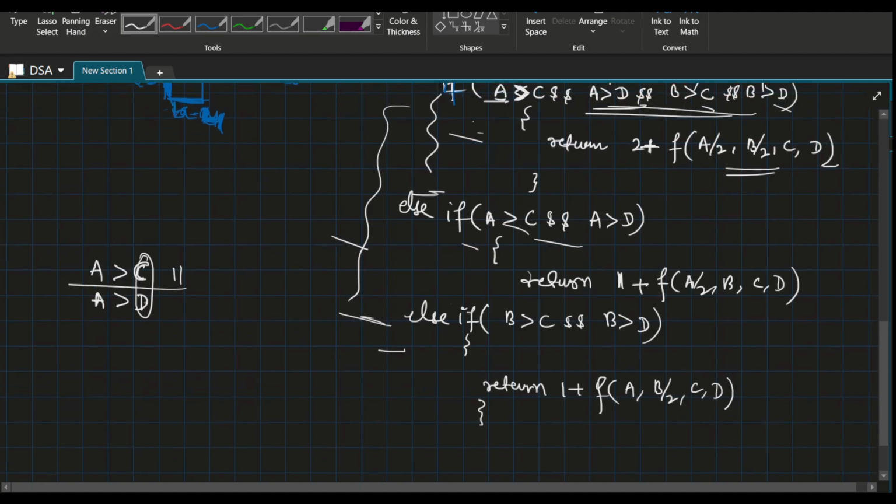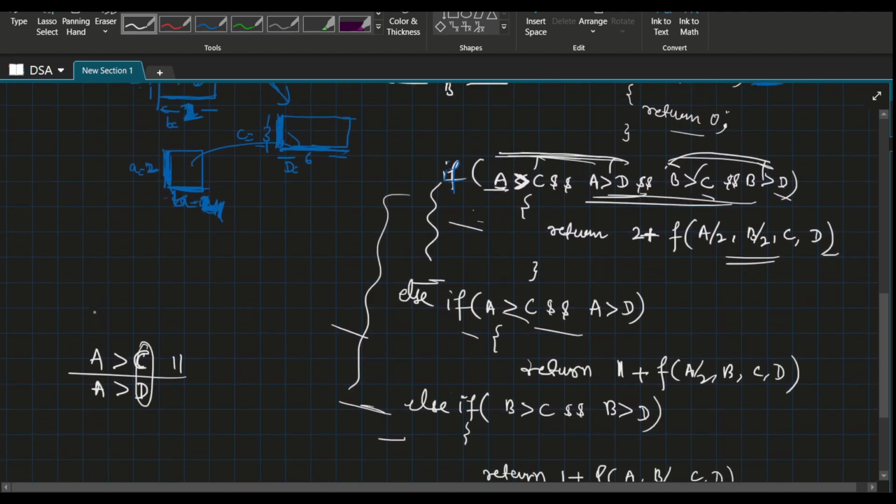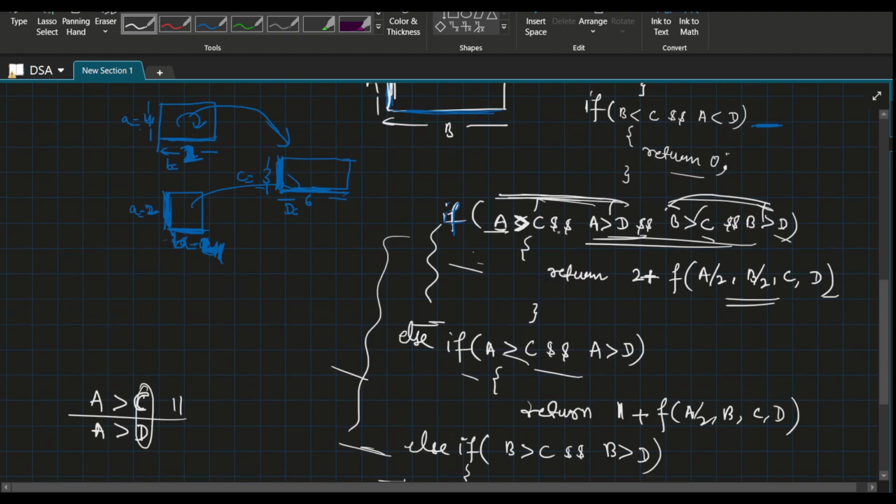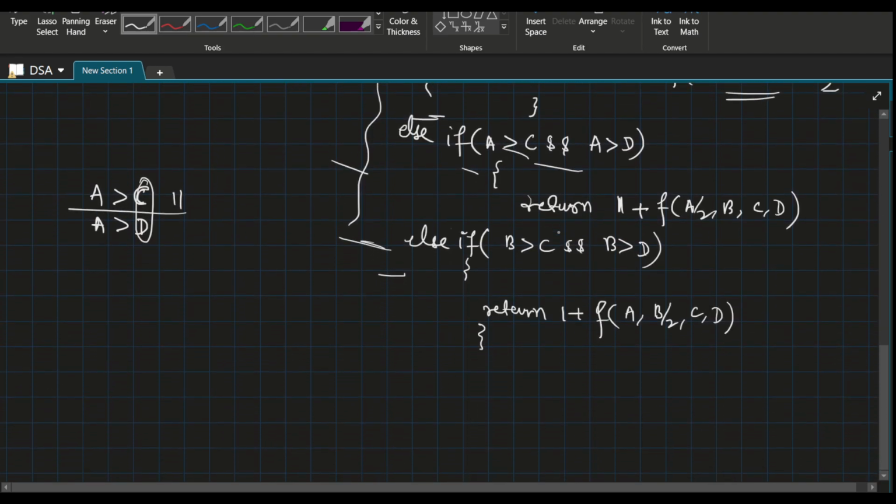So we know that A is not smaller than both C and D, because then it would be covered in the previous condition. So it is greater than any one of its lengths, either C or D. It will be in the else condition, and this is the same for B also. B is either greater than C or greater than D. It is not greater than both of its lengths. It is greater than one of the lengths, either C or D.